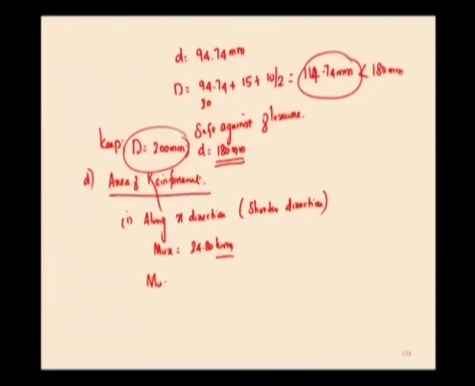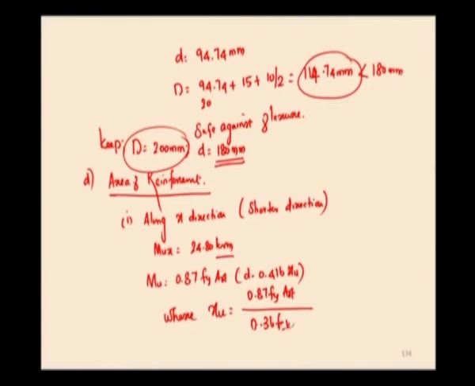So, to find out the area of reinforcement, we are going to use the expression for the singly reinforced section, that is 0.87 fy Ast into d minus 0.416 Xu, where Xu is equal to 0.87 fy Ast divided by 0.36 fck b, that is 0.87 into 415 into Ast divided by 0.36 into 20.